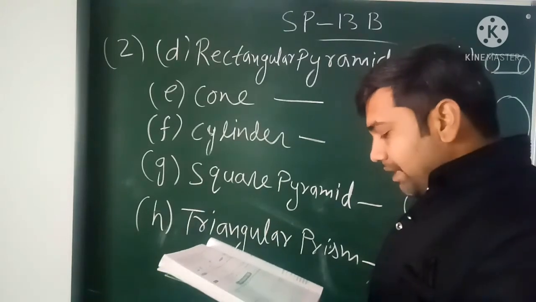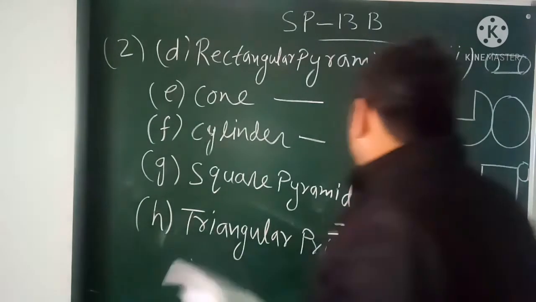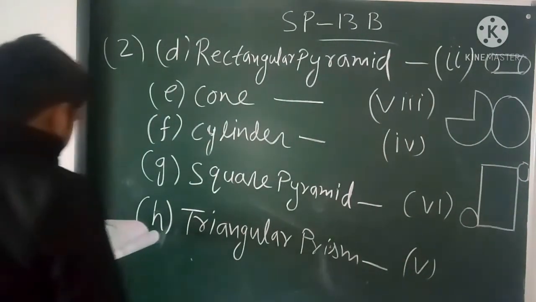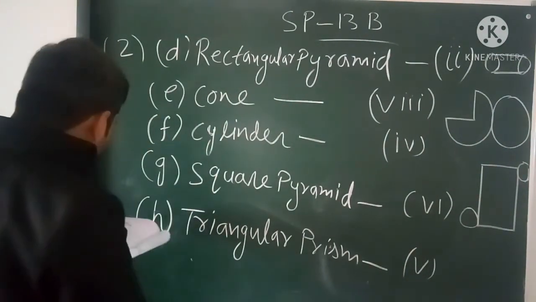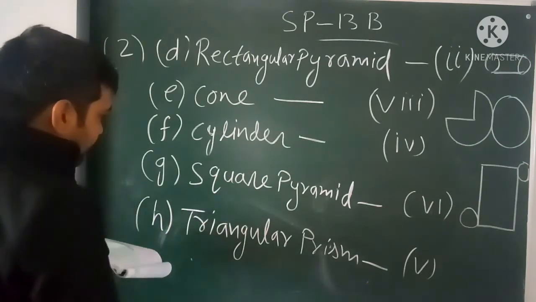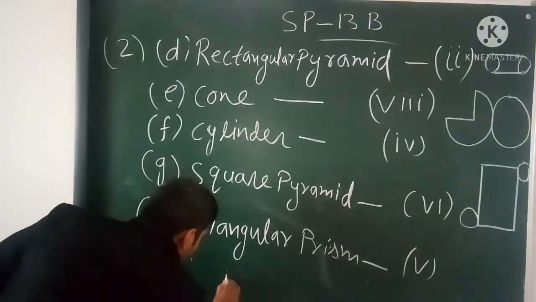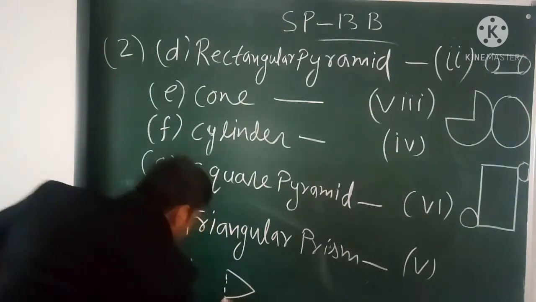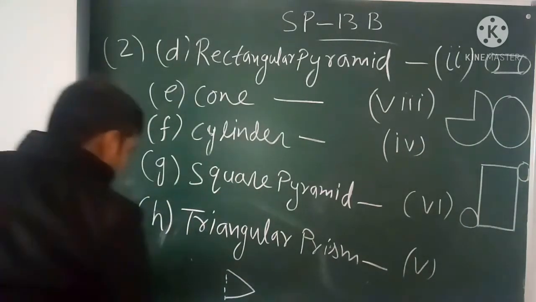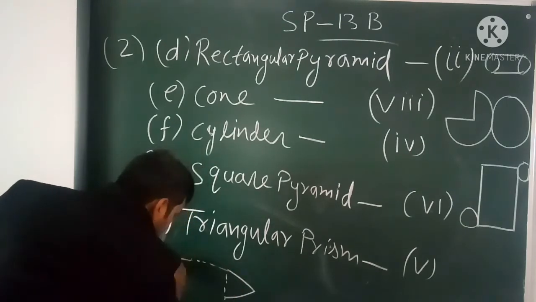Now next is the triangular prism. Triangular prism is the fifth one. In the prism, the base is a triangle, and the top is also a triangle. So we draw this triangle, the base, and over each edge we will draw a parallelogram.